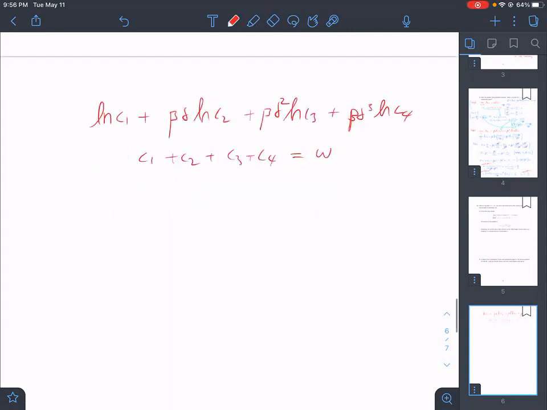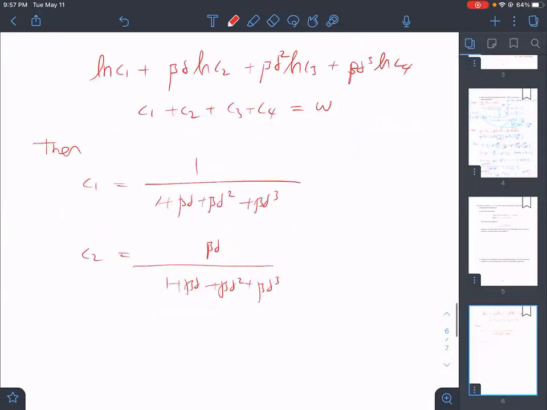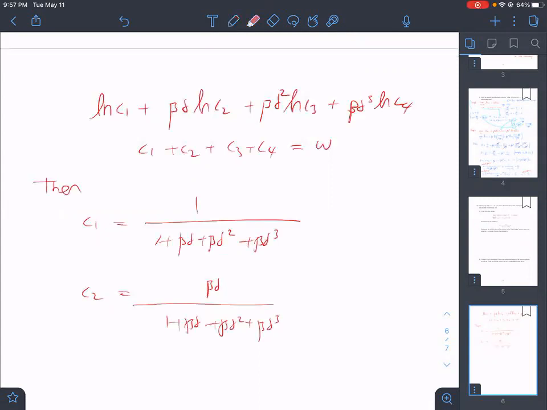Okay. Then this is what you can use in the exam if you don't have much time left. C1 will be 1 over (1 plus beta delta plus beta delta squared plus beta delta cubed). C2 will be beta delta over (1 plus beta delta plus beta delta squared plus beta delta cubed). So the trick is to add all the discount factors: 1, beta delta, beta delta squared, beta delta cubed.